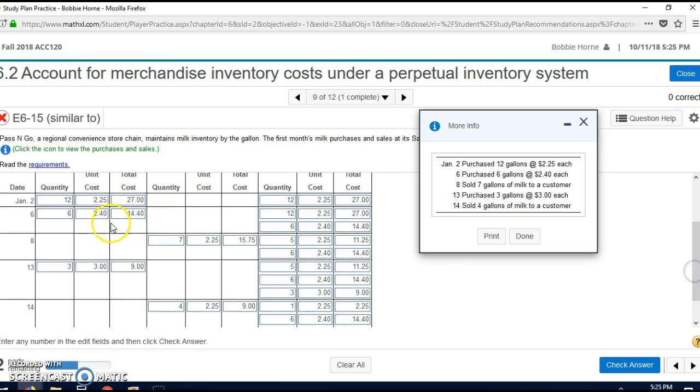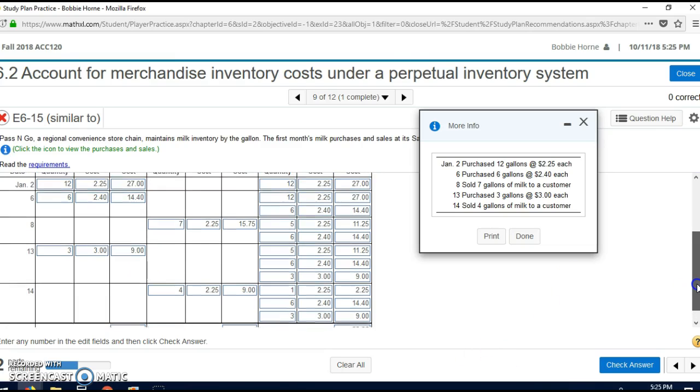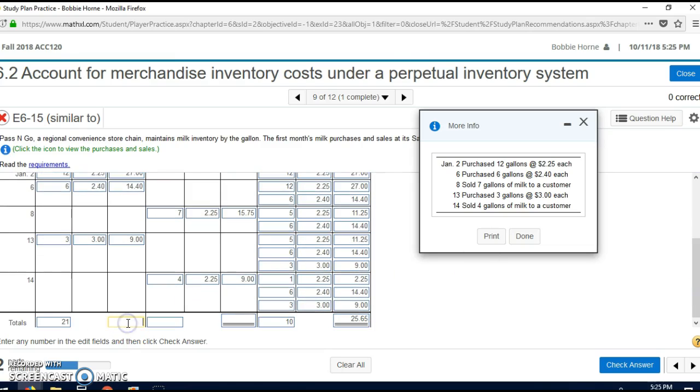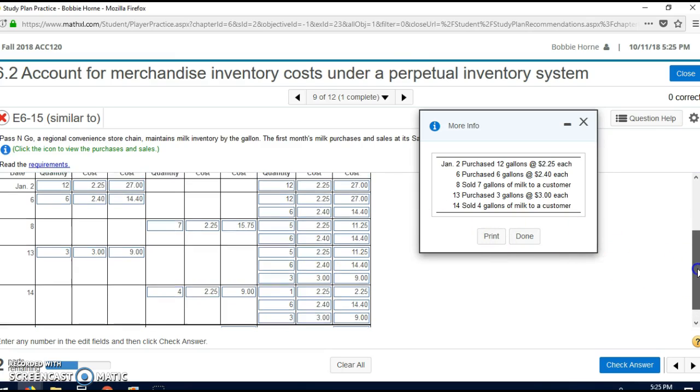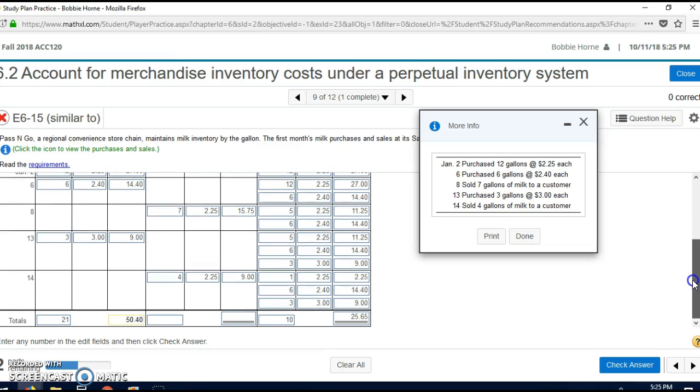We have 12, 6, and 3, so we have 21 units, and we have a total cost of $50.40. And we sold 7 plus 4, so we sold 11 units for a total of $24.75.